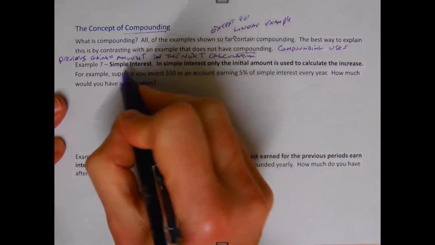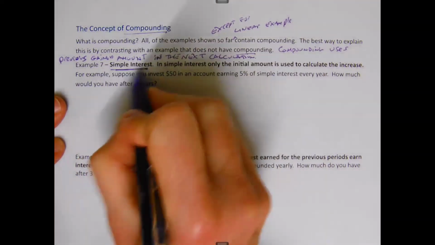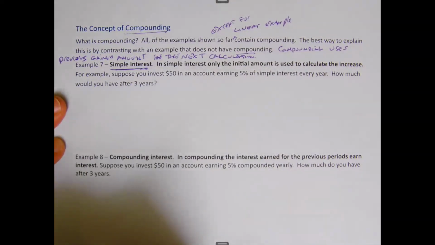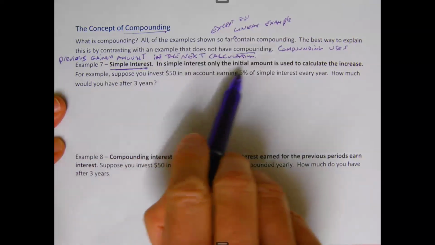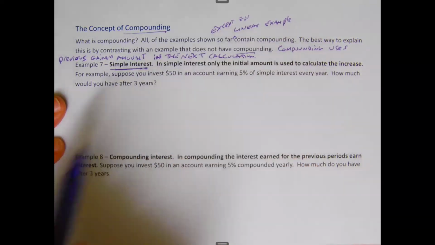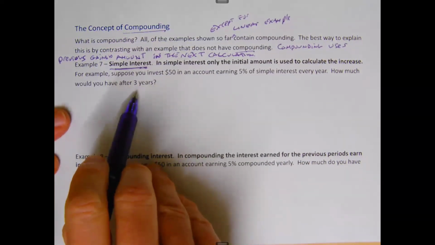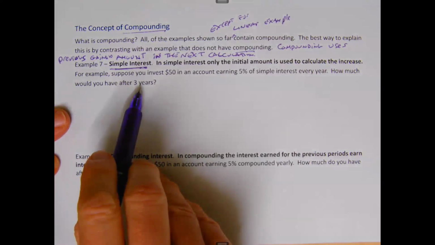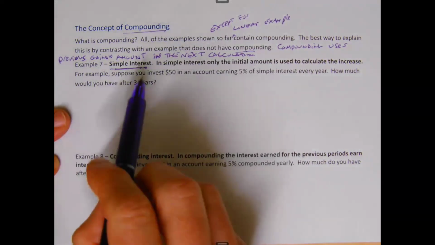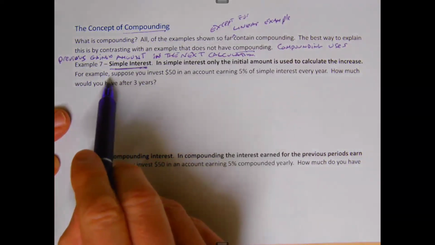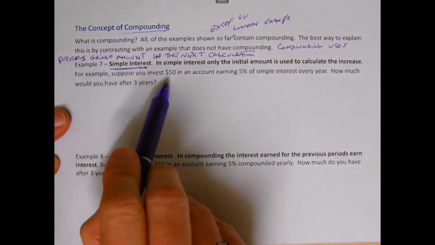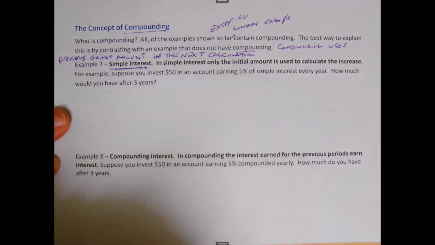But there's another type of interest called simple interest, not compound interest. In simple interest, only the initial amount is used to calculate the increase. Of course, banks don't use it and credit cards don't use this. For example, suppose you invest $50 in an account earning 5% in simple interest every year.